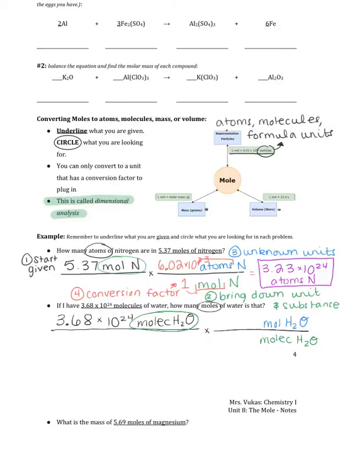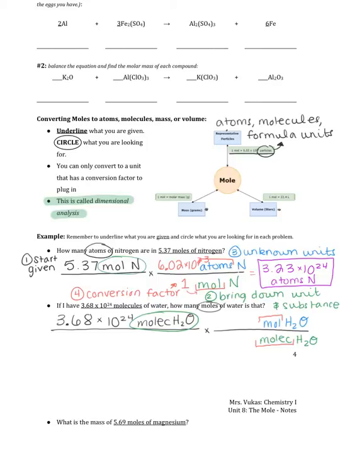Step 4 tells us to plug in a conversion factor. So we are looking for numbers that are going to relate moles and molecules. So up here, moles and molecules, we're going to use the same conversion factor we used in the first problem. 1 mole is equal to 6.02 times 10 to the 23rd molecules.